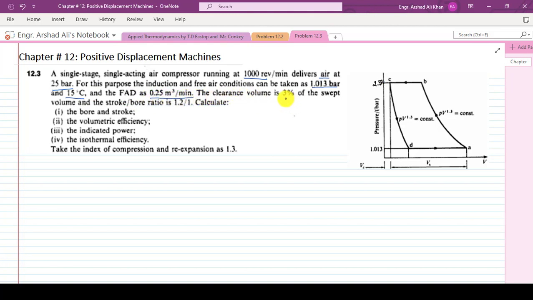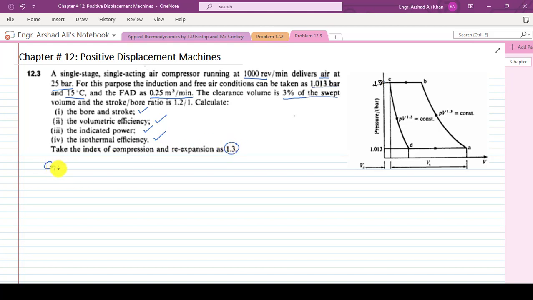The clearance volume is 3% of the swept volume, and the stroke to bore ratio is 1.2 by 1. We have to calculate the bore and stroke, the volumetric efficiency, indicated power, and isothermal efficiency, and take the index of compression and re-expansion as 1.3.